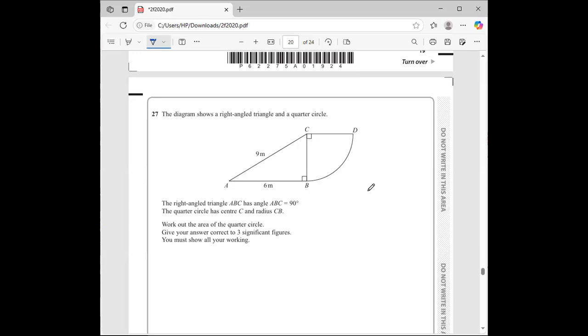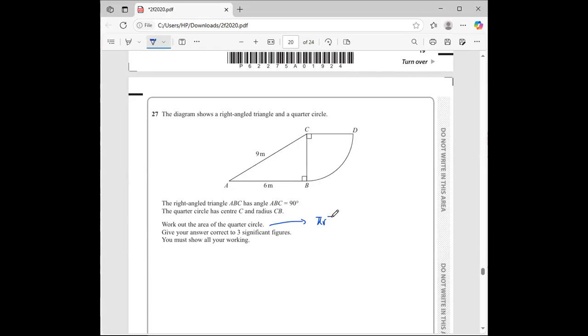So what's the formula for the area of a circle? That will give us a hint for the formula for the area of the quarter circle. Do you remember? Pi r squared. Yes, pi r squared, correct. So a quarter circle would be 1/4 of pi r squared, or pi r squared over 4.